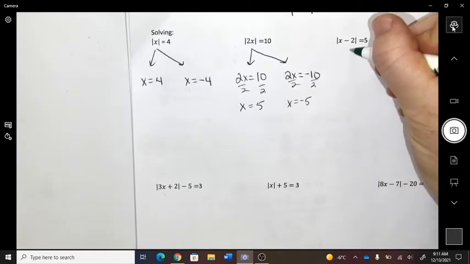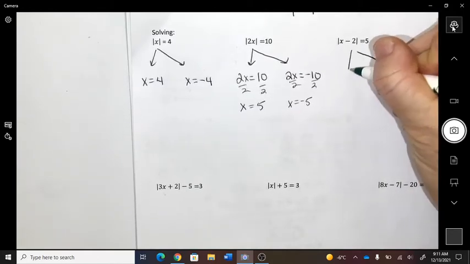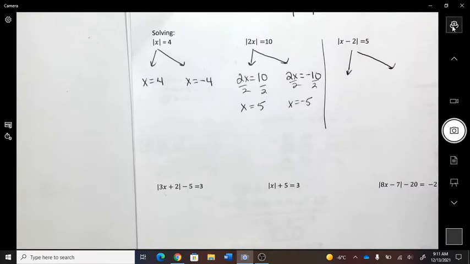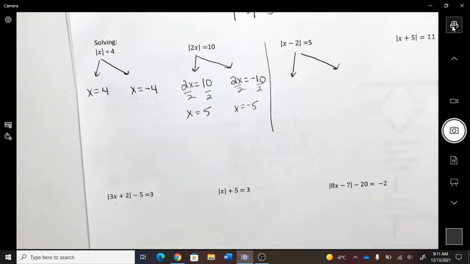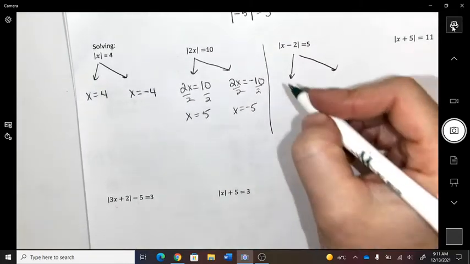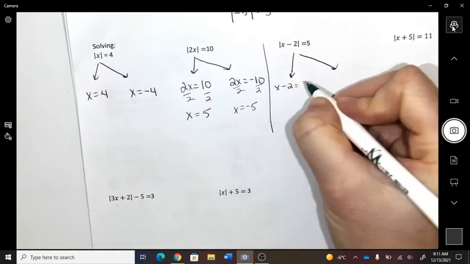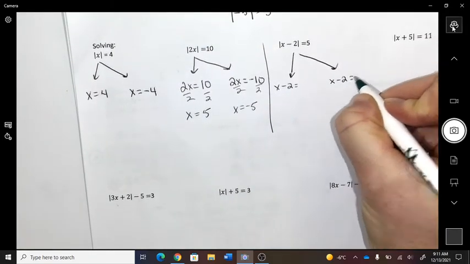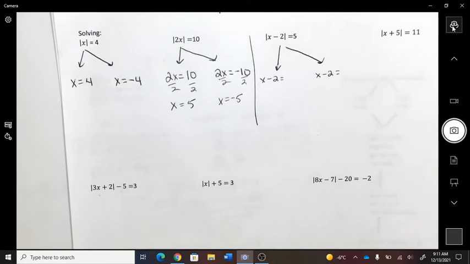Okay, number 3. The inside of the bracket could equal one thing, or the inside could equal another thing.